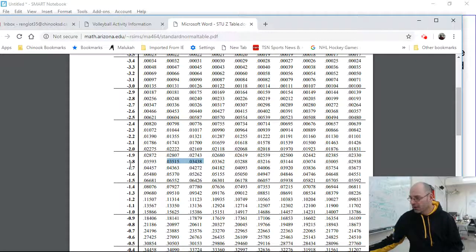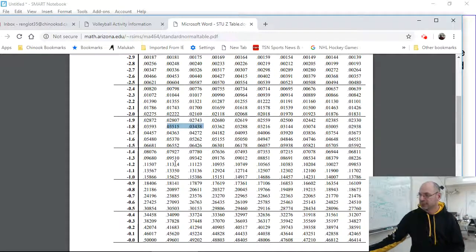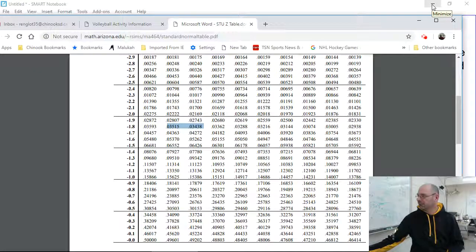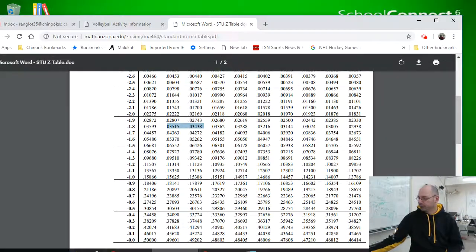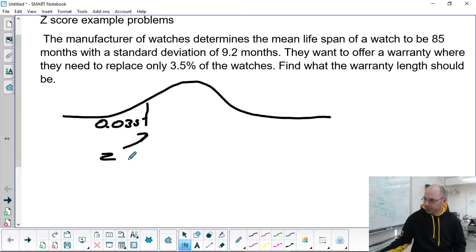So -1.81 is our z-score for that, to the left of that. So our z-score was equal to -1.81, and that gave us 0.0351, so it's a little bit more. And that would be all the ones that break.